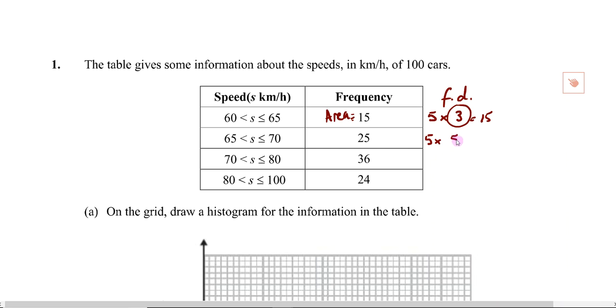So 5 times 5 gives me the 25. This one is 10 times 3.6 gives me the 36. And then this one, it's 20 times 1.2.